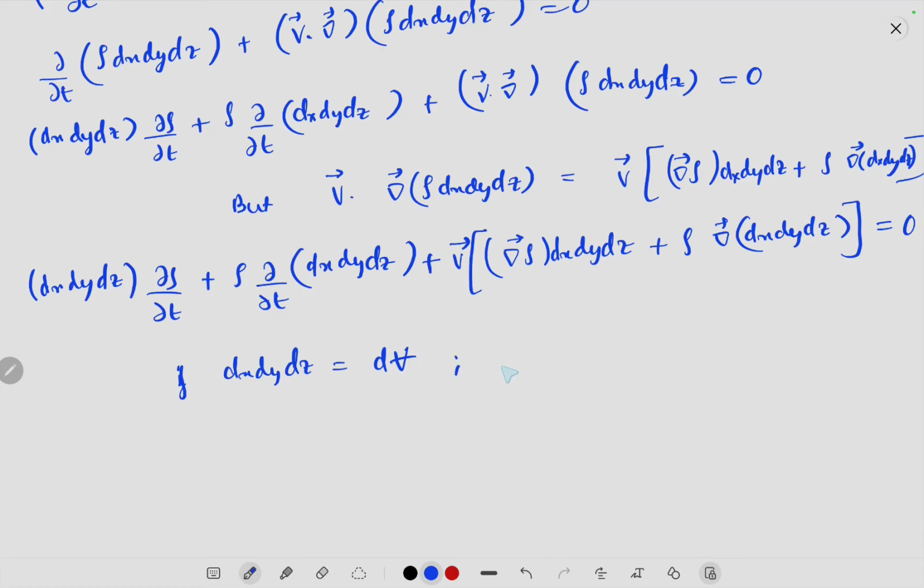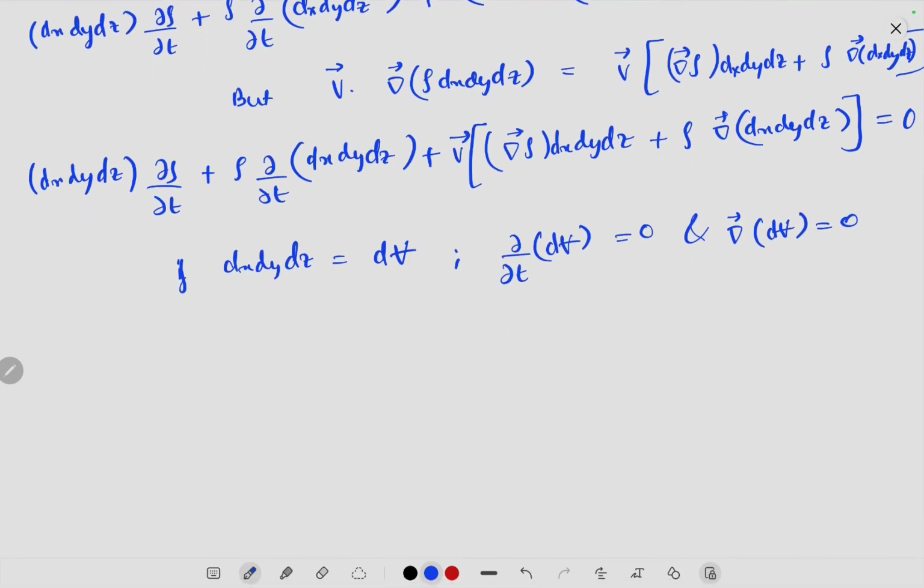If this is the elemental volume, I will have ∂/∂t of this dV equal to 0 and grad of this dV equal to 0, because it is not going to change. It will be a constant.